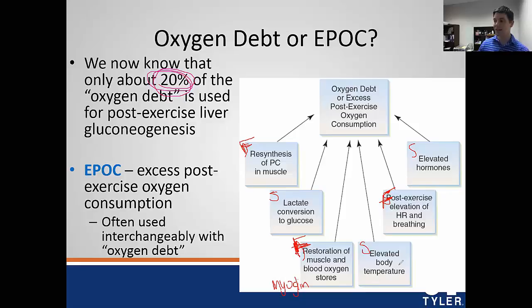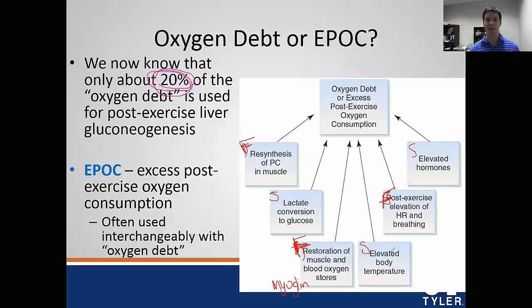We also have an elevated body temperature. We've all experienced that, right? So if you go running, then you get hot and you stay heated up. And as your body heats up, we talked about those enzymes early on, that enzymes are sensitive to both pH and temperature. So if your body is warmer, you actually speed up the activity of those enzymes.